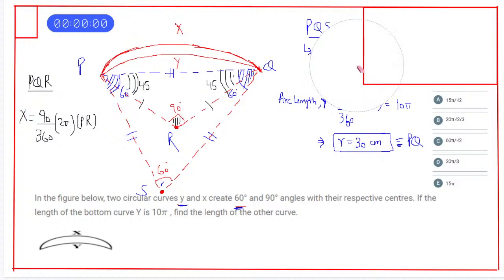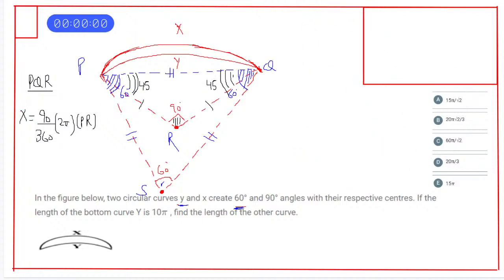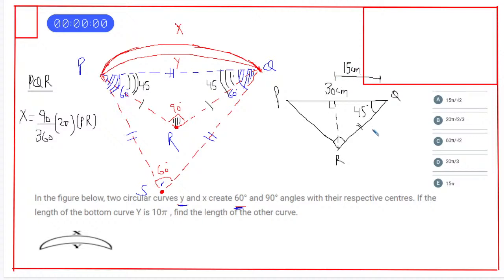So here I can say that this was the triangle PQR, that's 90. And PQ we have found was 30 centimeters. And if I draw a perpendicular from the center, it bisects. And this is 45 degrees. So I can easily find the radius here by applying trigonometry. So this is 15. If I apply sine 45 or cos 45, whatever, in this particular triangle only, so this is 15 root 2.